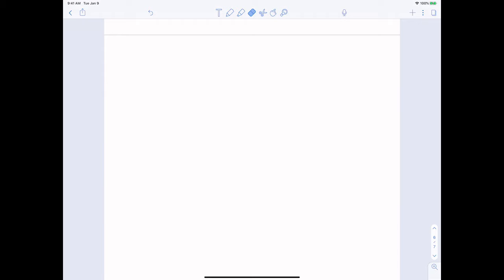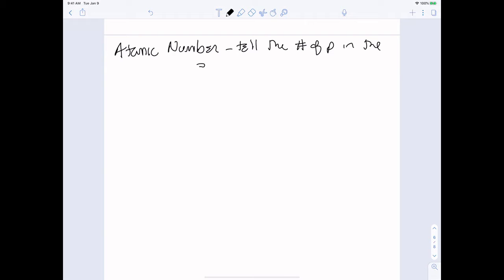We also talked about our atomic number. Remember, our atomic number tells us the number of protons in the atom's nucleus.